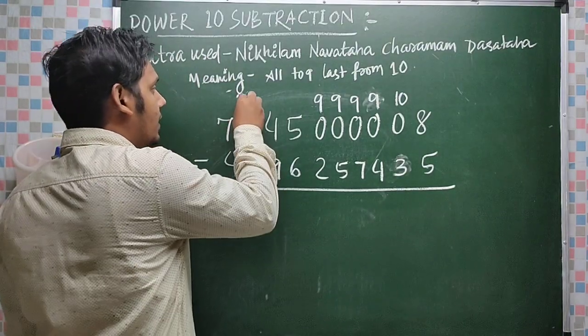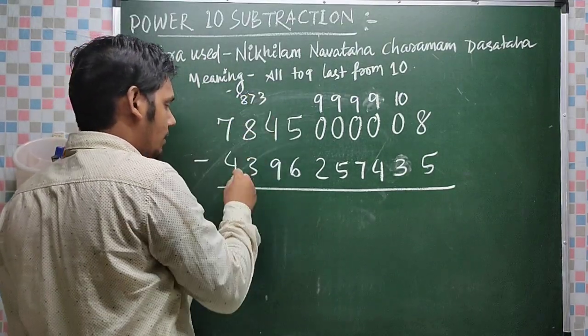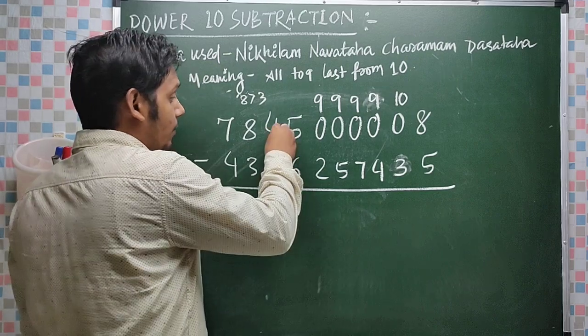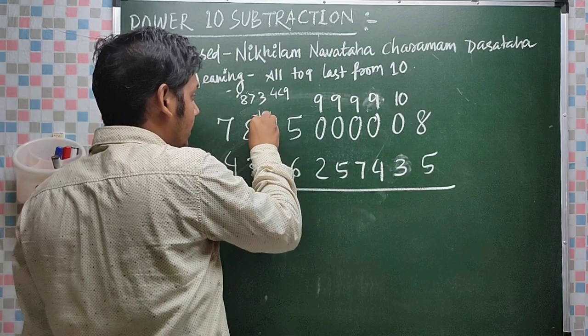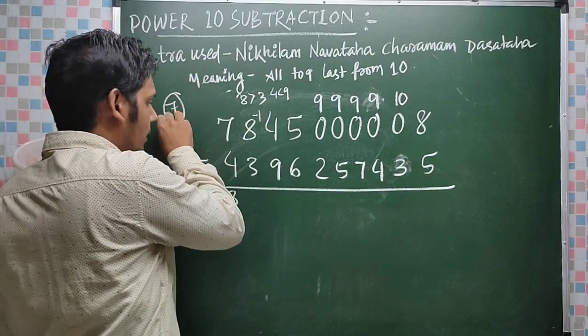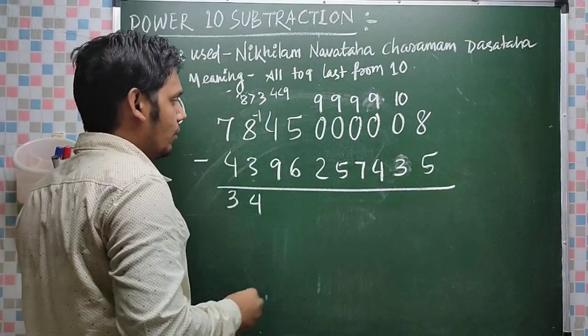So 8 is greater than 3. 7 minus 4 is 3. 4 is less than 9, so 8 will be decreased by 1, that is 7. 7 minus 3 is 4.